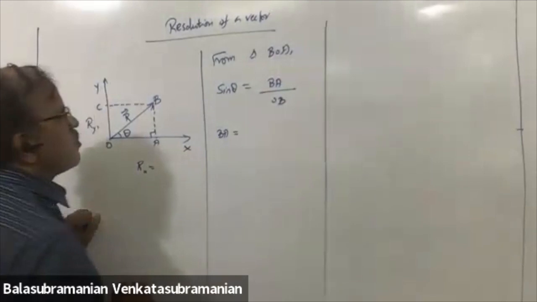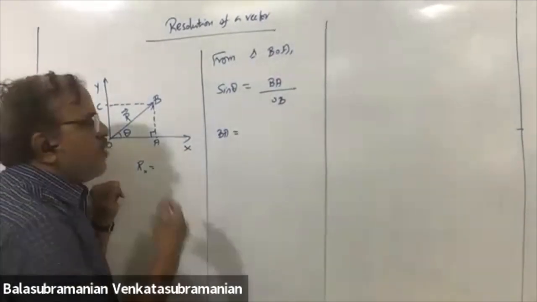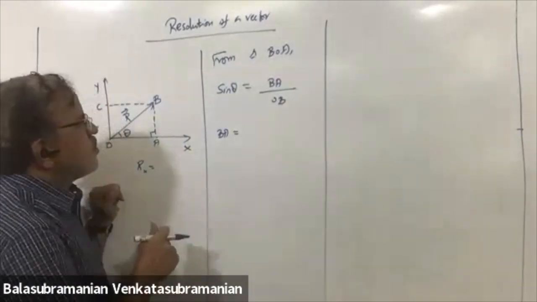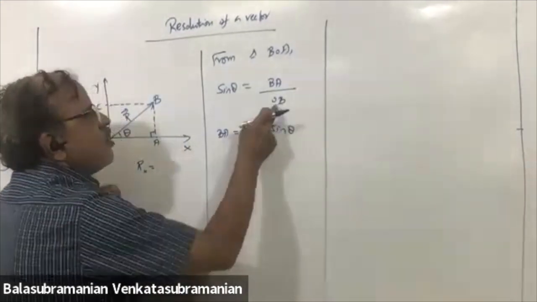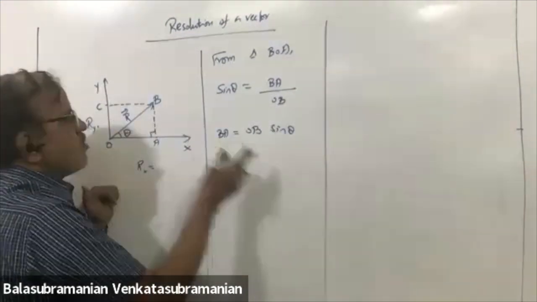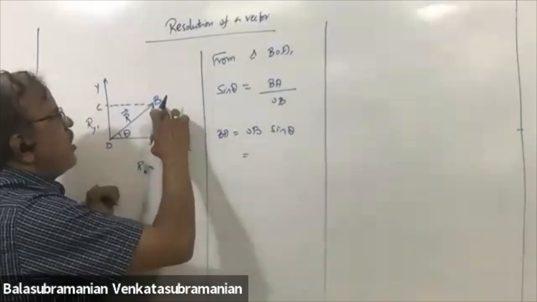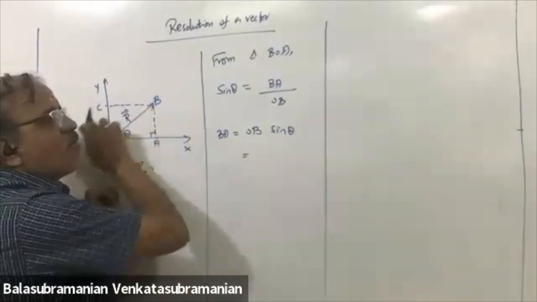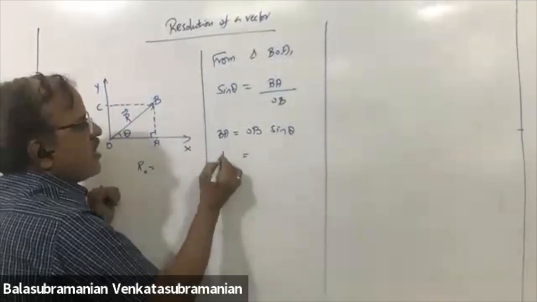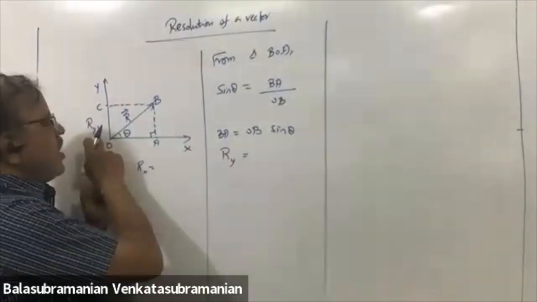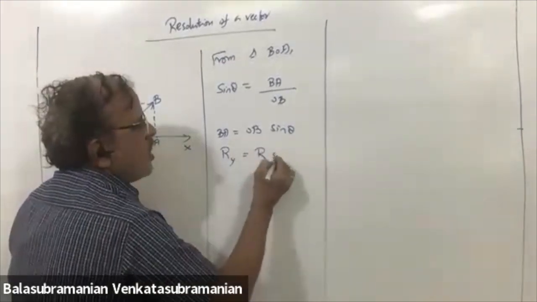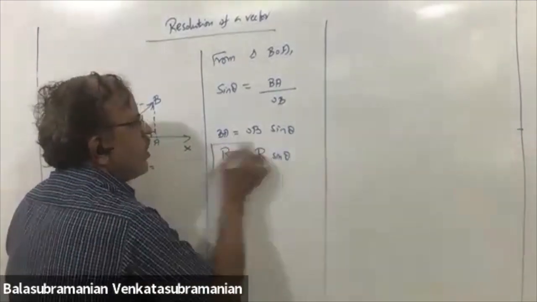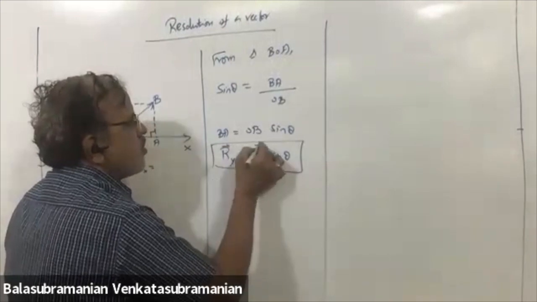BA is equal to OB sin theta. What is OB? R. So BA and OC are equal and parallel, so I can write this as Ry. Ry is equal to R sin theta. If you want, you can put a vector sign.